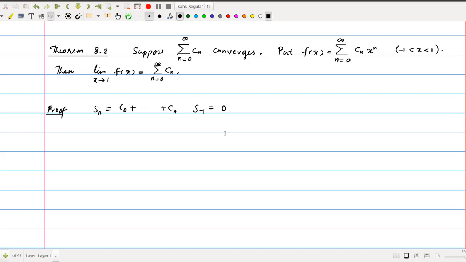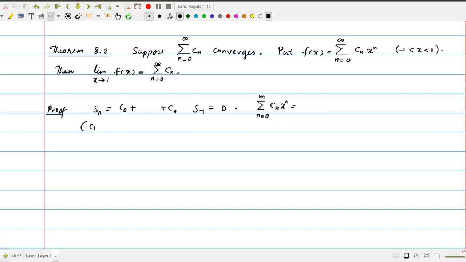Then we have summation n equal to 0 to m Cn x raised to n. In fact, we can write Cn is equal to Sn minus Sn minus 1.